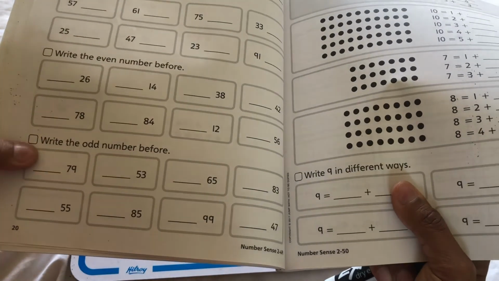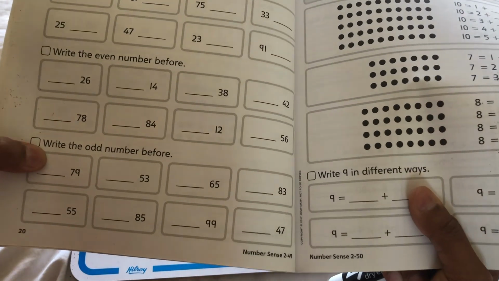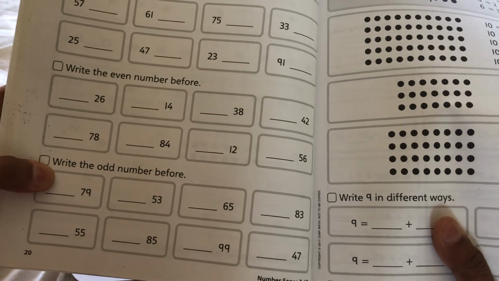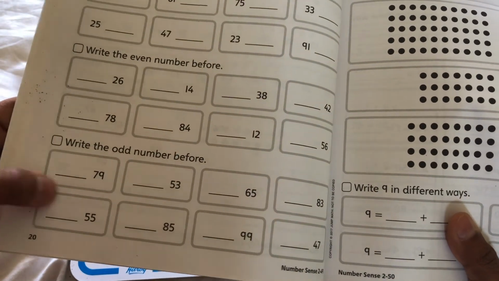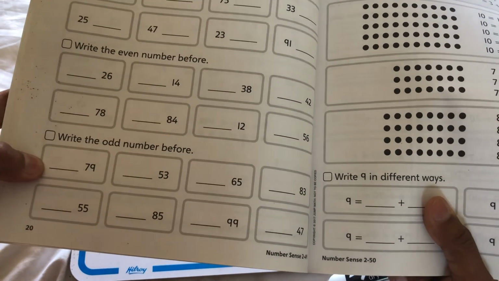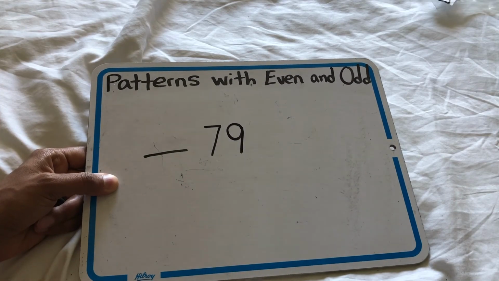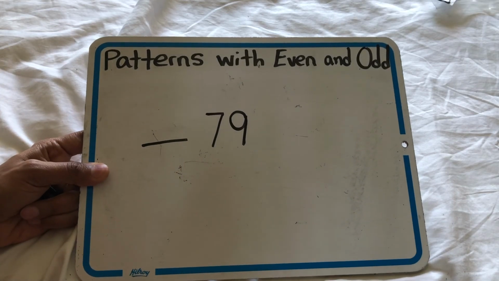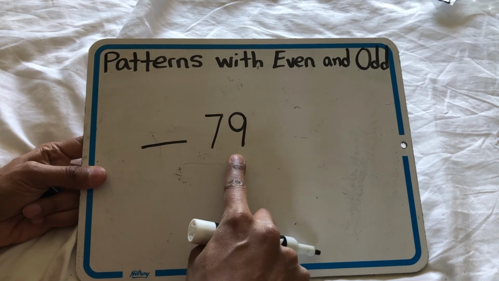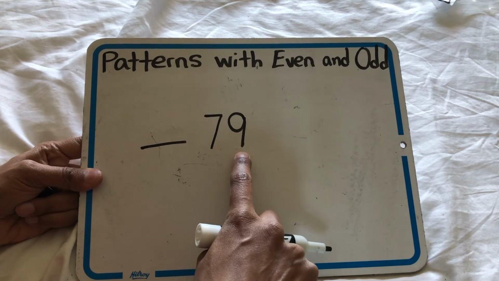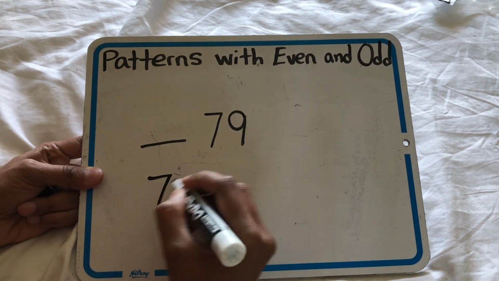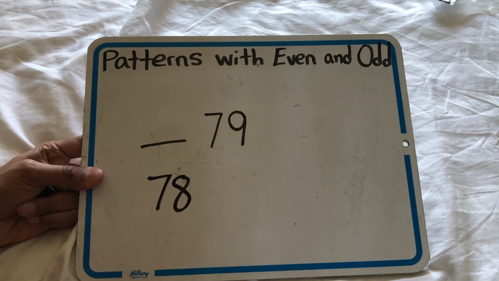For the last one, it's asking for us to write the odd number that comes before. Let's do the first one. There's a line and then 79. Write the odd number that comes before, so we need to count backwards. What number comes before 79? 78.